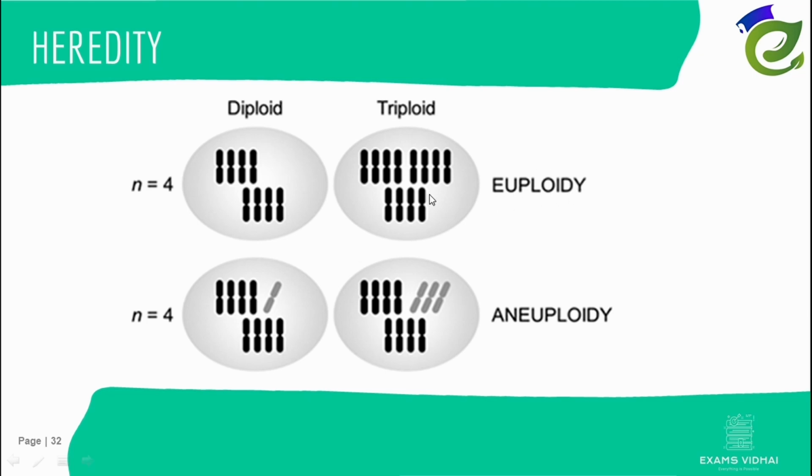This is about euploidy. And in aneuploidy, here it's 2n plus 1 and it's 2n minus 3. So this is about aneuploidy and this is euploidy: 2n, 3n, 2n plus 1, 2n minus 3. Do not confuse, n is a natural number.